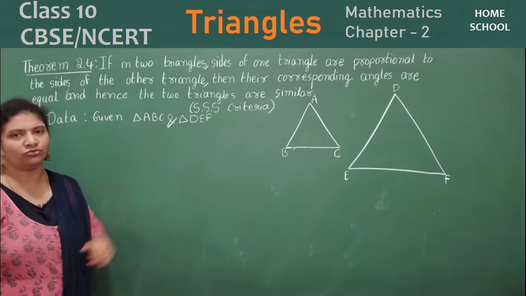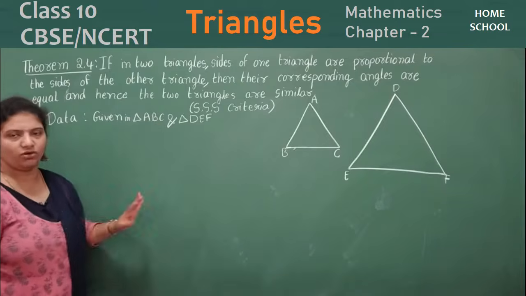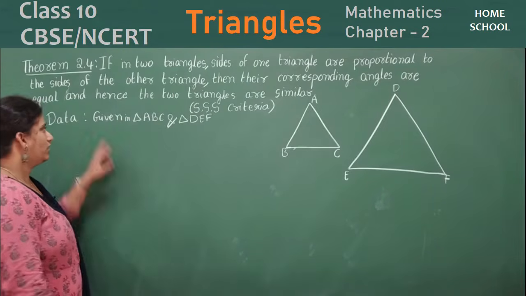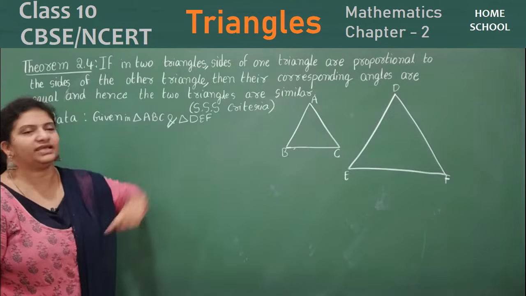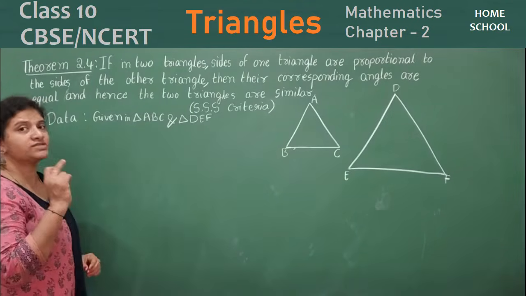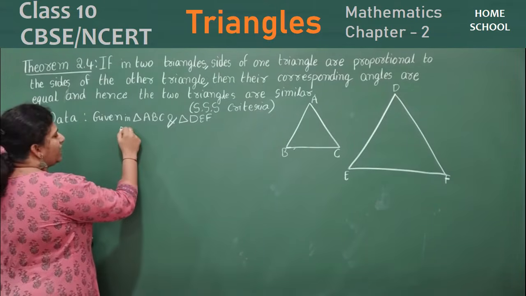Okay, they have given two triangles. Given in triangle ABC and triangle DEF, the ratios are in proportion. What are the ratios here, children?